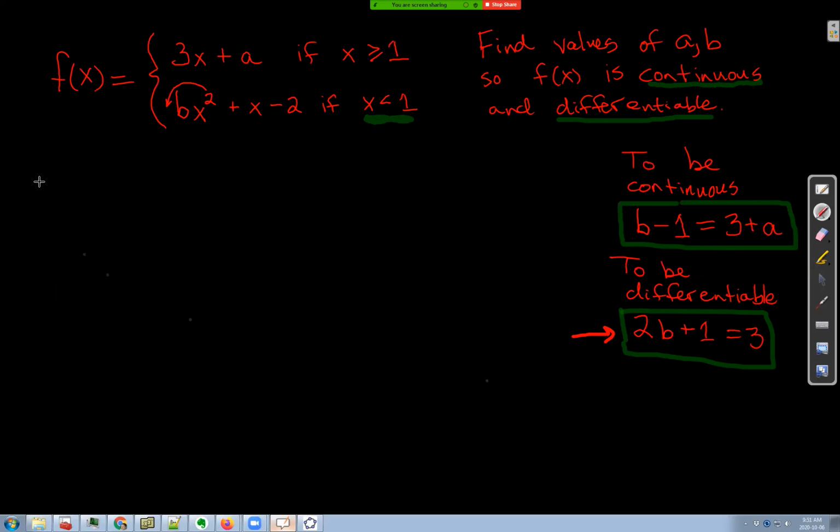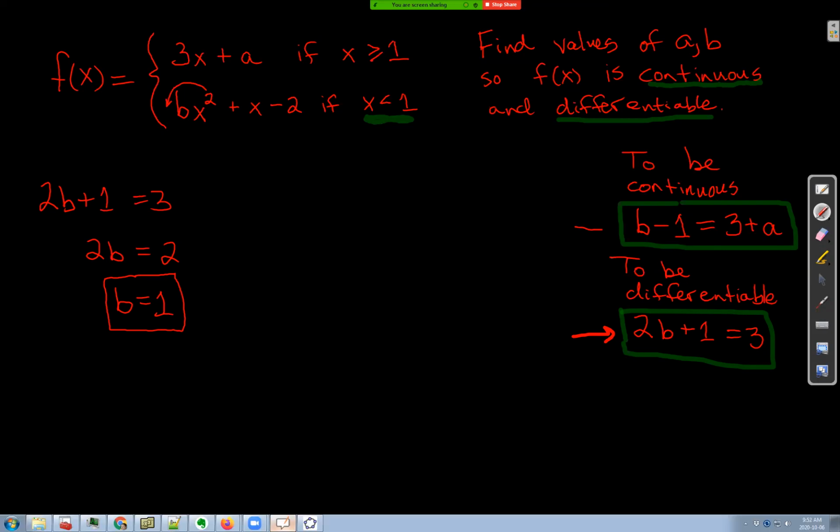If I have 2b plus 1 is equal to 3, well, that's the same as saying 2 times b is equal to 2, and that means that b is equal to 1. All right, so we know that b has to be equal to 1. And now I can go over here to this equation.